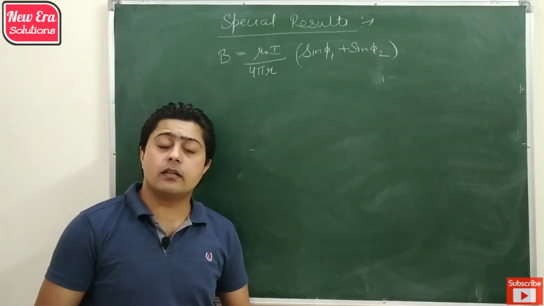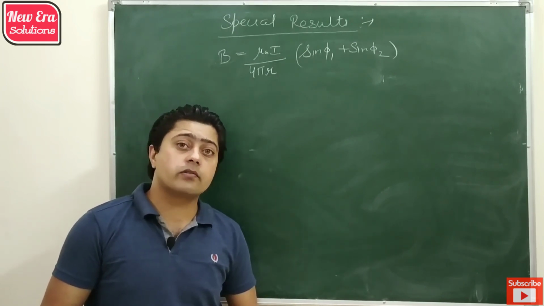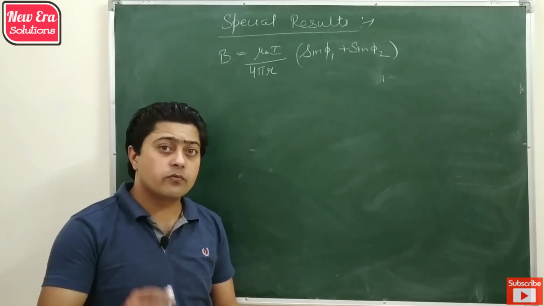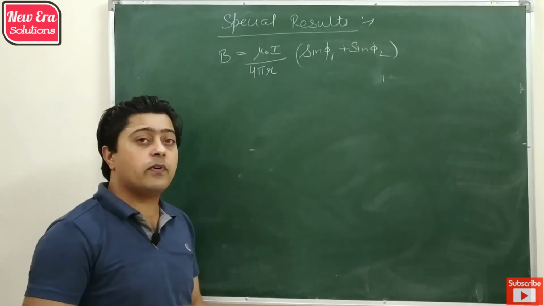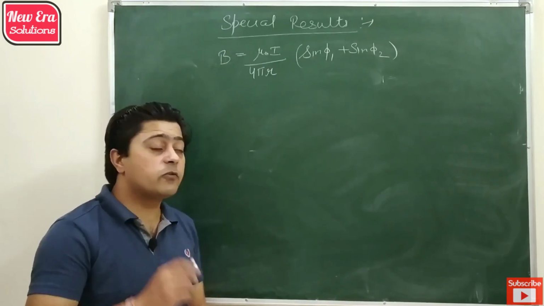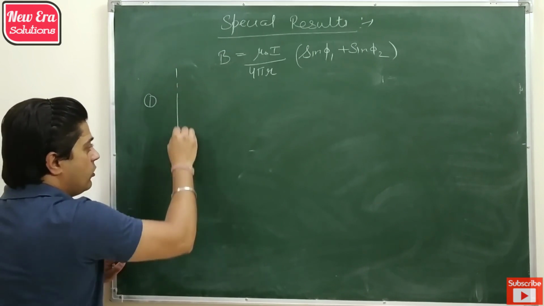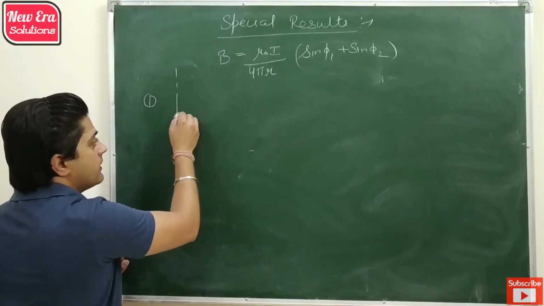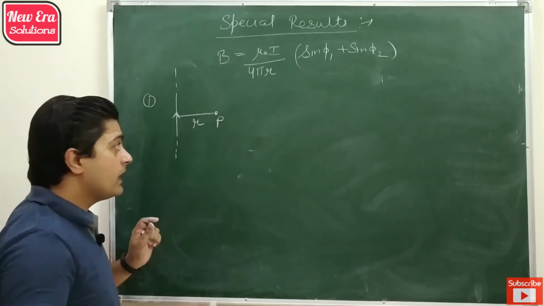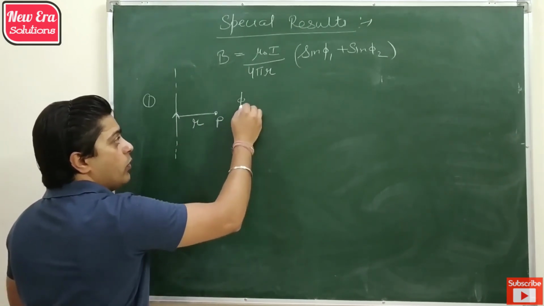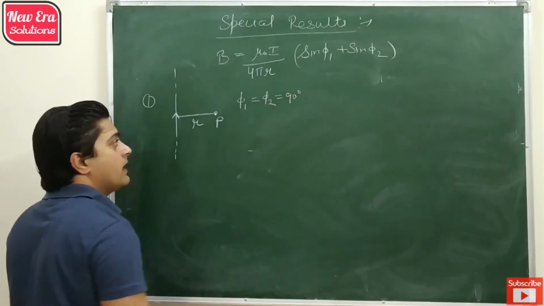Now let's discuss some special results related to the magnetic field of a straight current carrying conductor, for which we have a general formula B is equal to mu naught I by 4 pi r times sin phi 1 plus sin phi 2. So in the first case, if we have an infinitely long current carrying conductor and we have to calculate the magnetic field at point P, in that case both the angles are equal to 90 degrees.